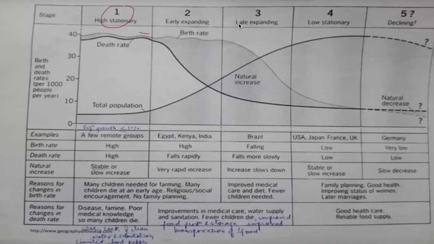But if the probability is very low, they wouldn't want to add more burden to their family income. So the birth rate should fall. But it takes some time for people to adjust to the falling death rate, so it doesn't happen immediately. It takes its own lag.